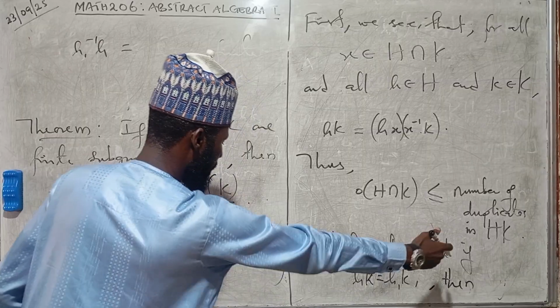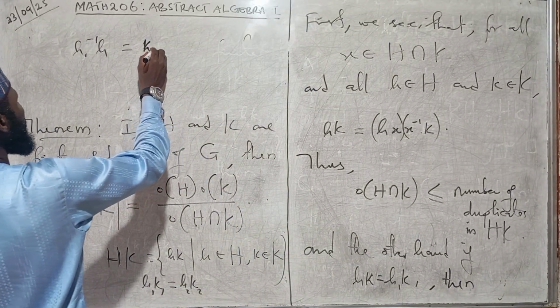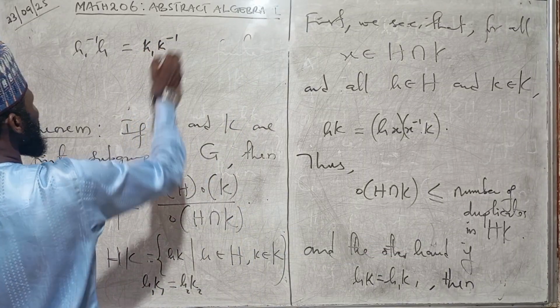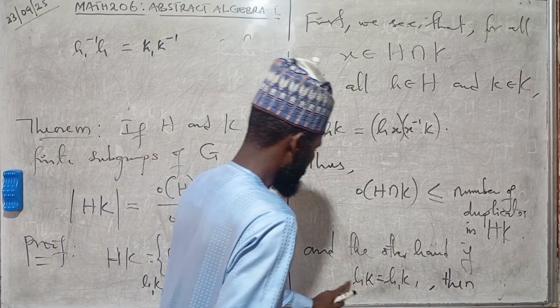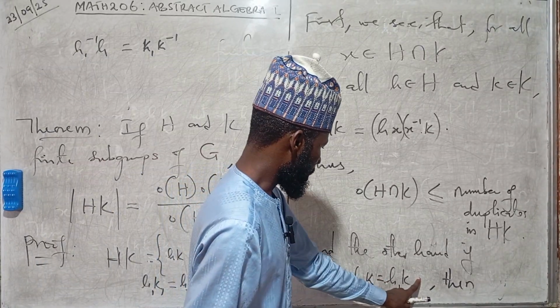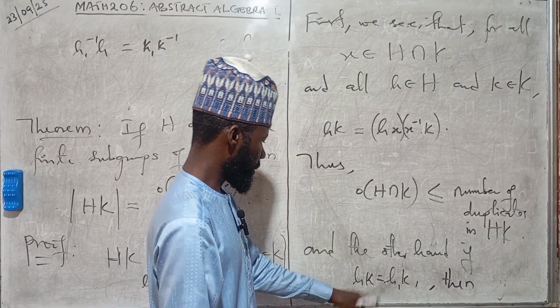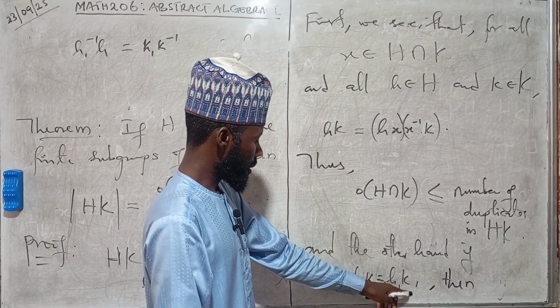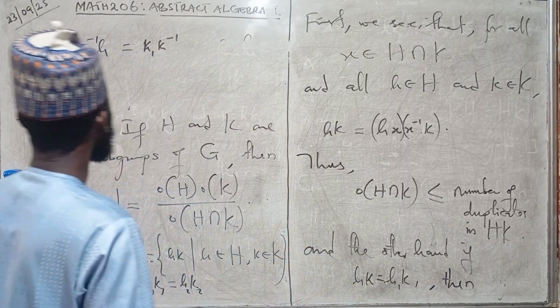I will cancel k from this. We do left cancellation for the h1 and the right cancellation for the k, so we cancel k from here and we also cancel h1 from here.